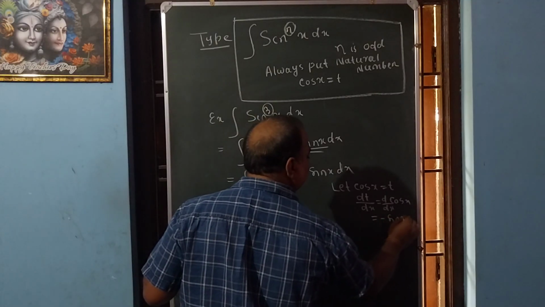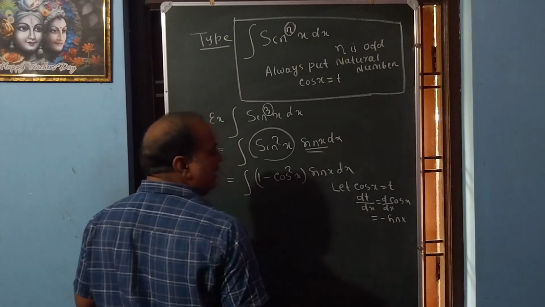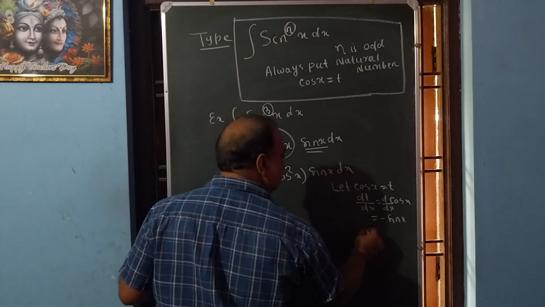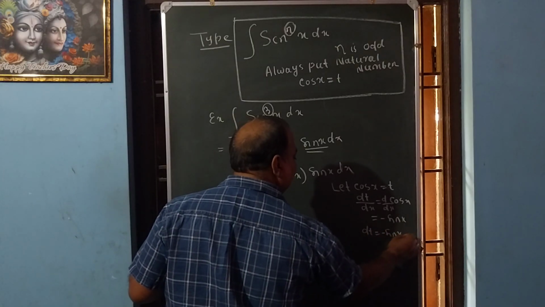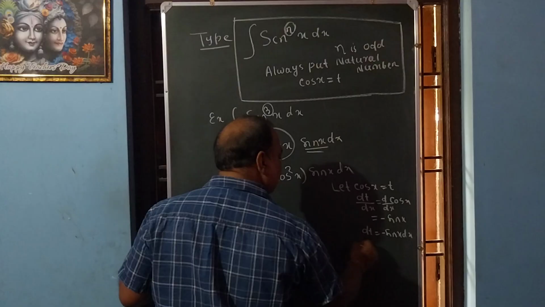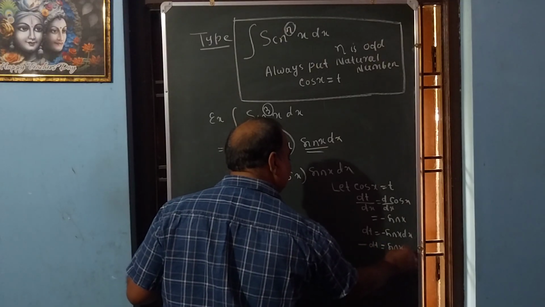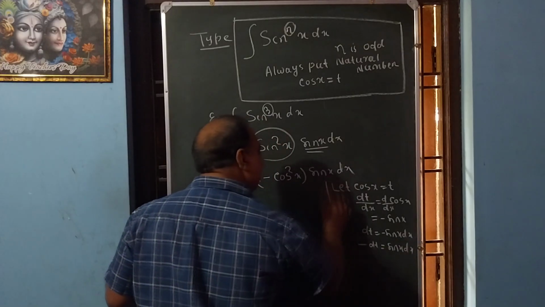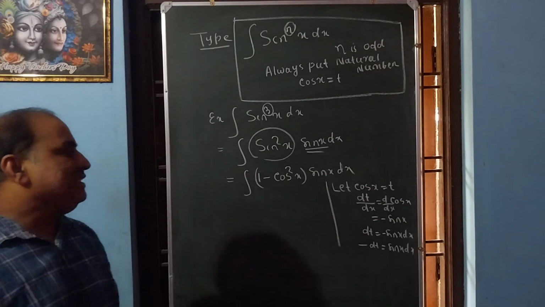Here dx is divided, so it is multiplied there. So dt is equal to minus sin x dx. So minus dt is equal to sin x dx. Understand? Minus dt is equal to sin x dx.